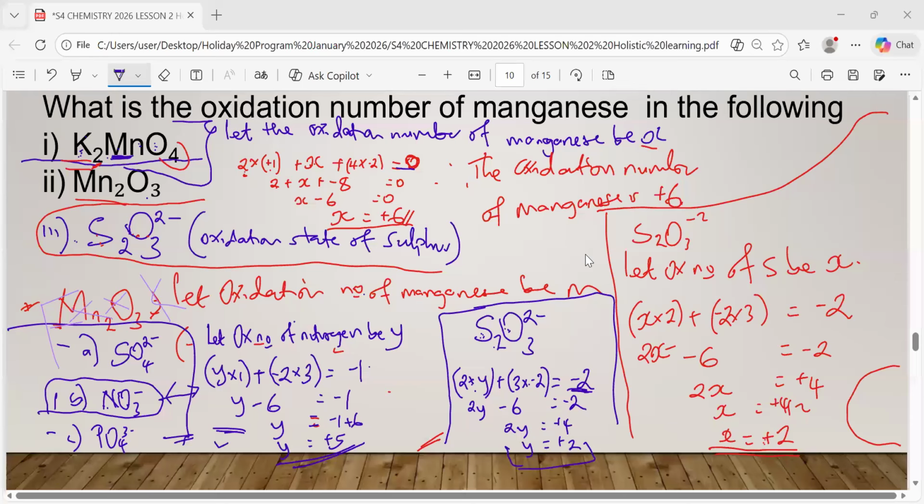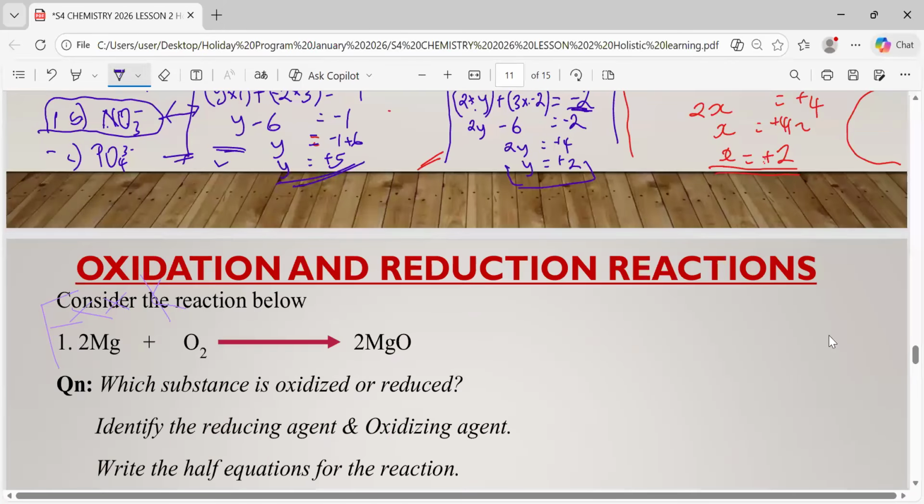Since I didn't attend last week's lesson, I was asking about the definition of oxidation. Oh, we said oxidation is the loss. There is a simple formula we had, which we can always use for memory: OIL RIG, where oil means oxidation is loss, while reduction is gain.